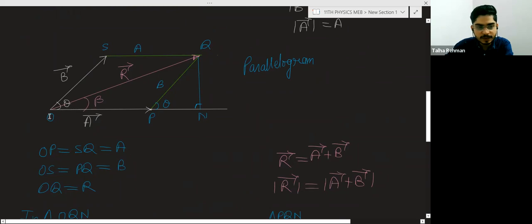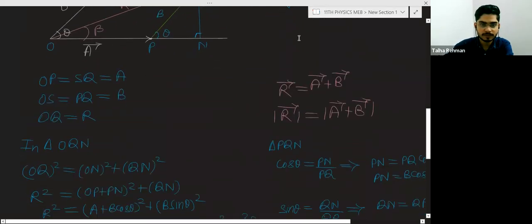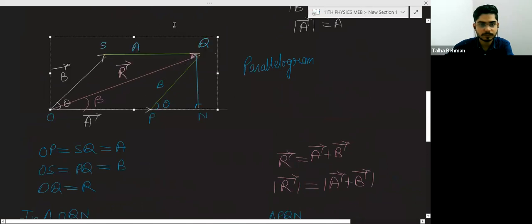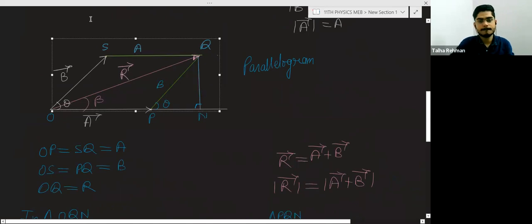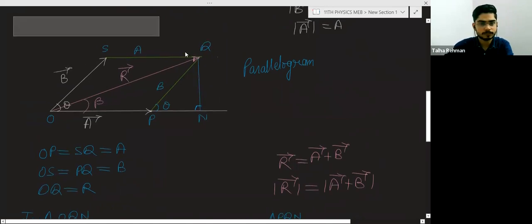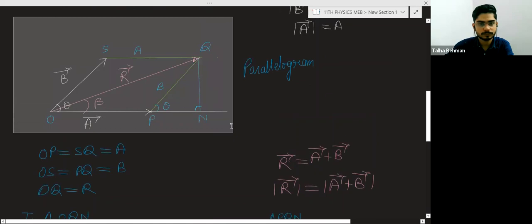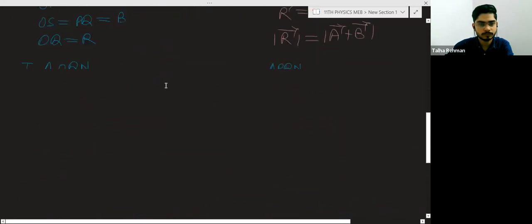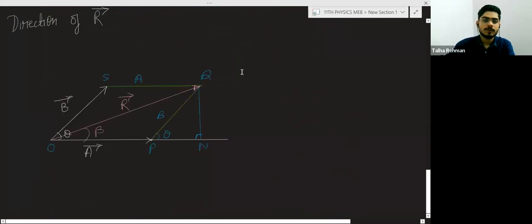Now see this triangle O, Q, N. I am copying this figure here. We want to find beta.